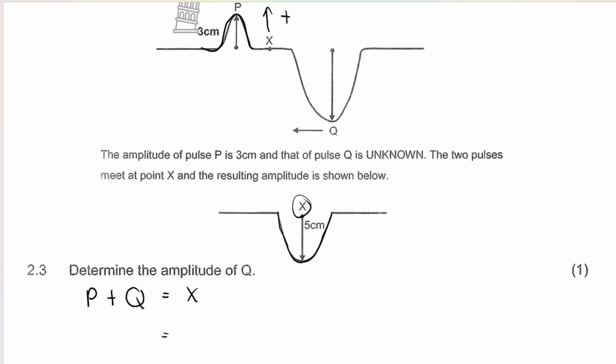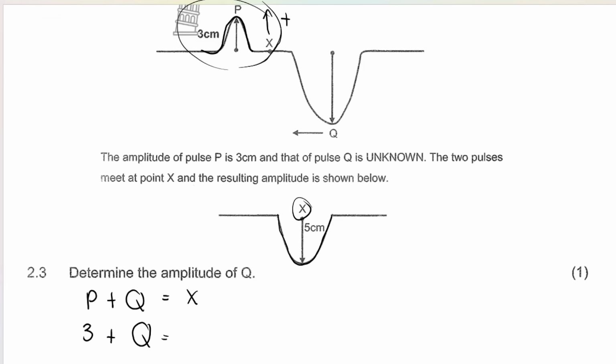I'll show you what I mean by this now. Because P is going up, it's going to be positive. Q, I'm not sure what it is, so I'm going to leave it as plus Q. And X, when they meet, is the algebraic sum. So P plus Q gives me situation X. That's why I'm adding them. It's the algebraic sum of the 2 pulses.